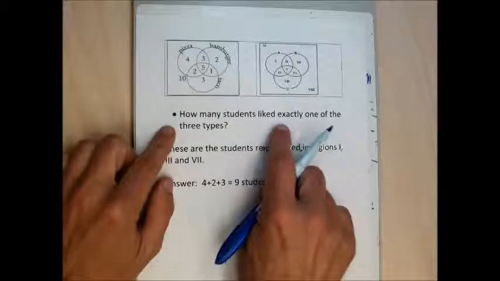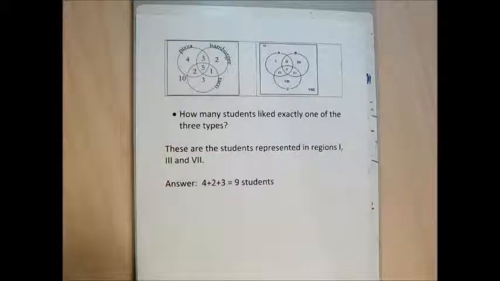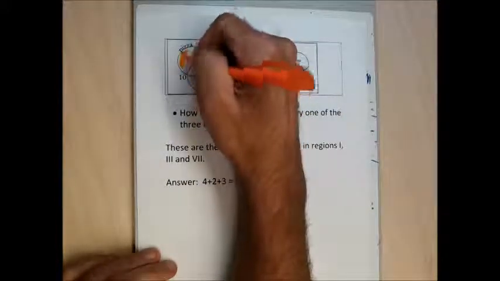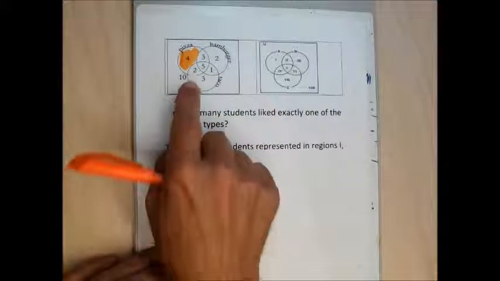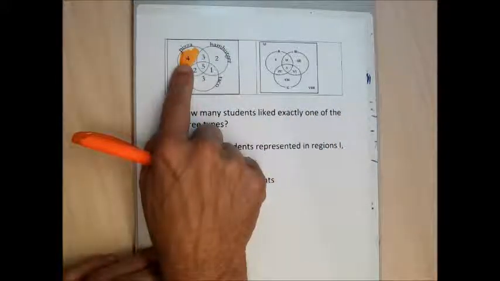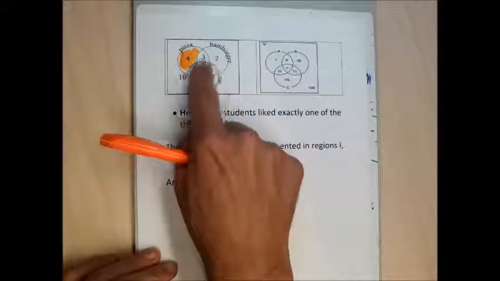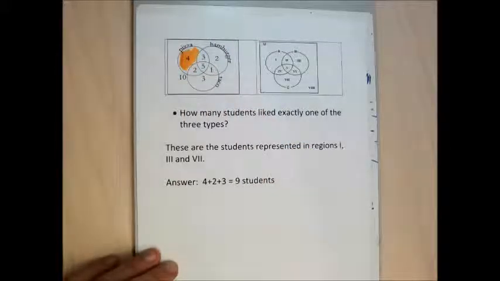Next one, how many students liked exactly one of the 3 types, which means they liked pizza but not hamburgers and tacos, or liked hamburgers and not pizza and tacos, and so forth. These 4 students are part of the pizza circle, so they liked pizza. They're outside the hamburger circle, so they didn't like hamburgers, and outside the taco circle, so they didn't like tacos. I'm going to include those 4 students.